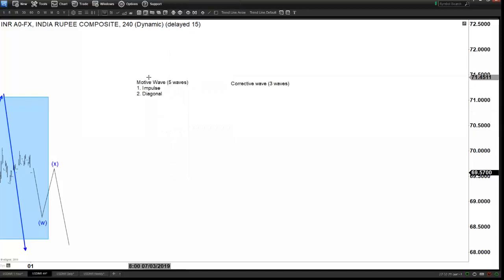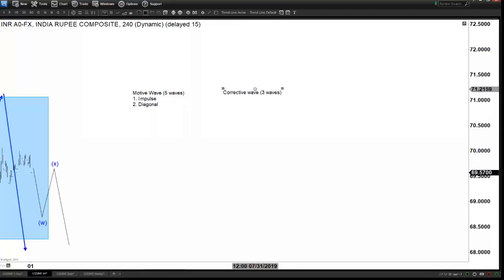Number 4 is a double 3. Now classical Elliott wave theorists like to call it a double zigzag, but a double zigzag is actually a specific type of double 3. We're going to talk about it. And then there's a triple 3, but that's too much.